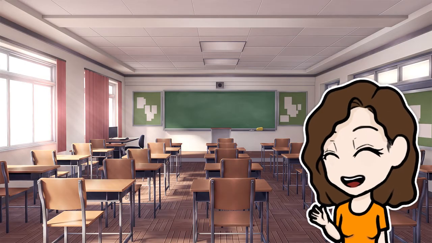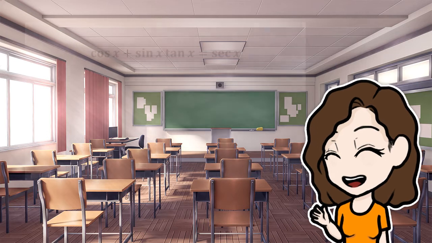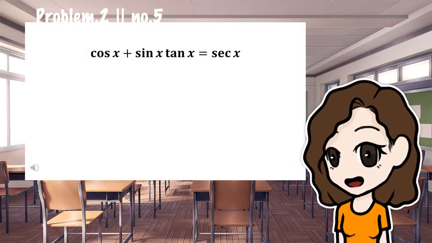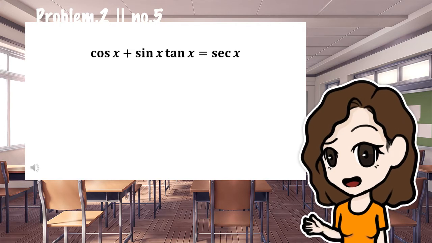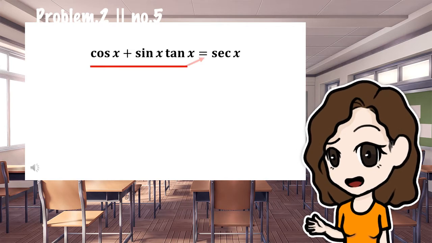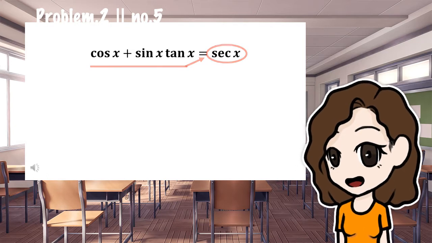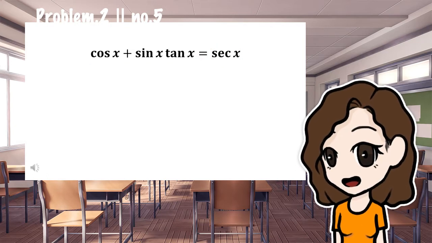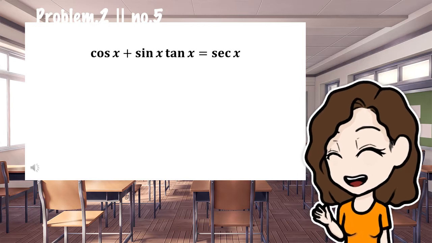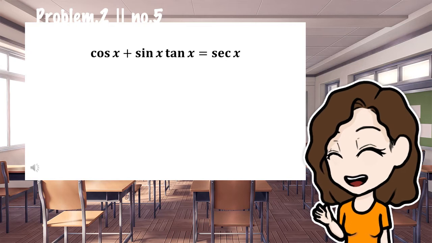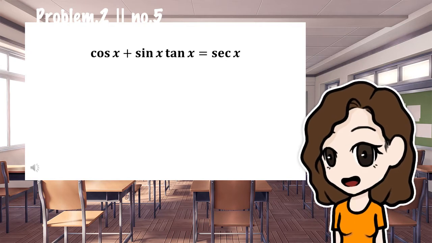Off to our next problem. We have cosine x plus sine x times tangent x equals secant x. Now, we have to manipulate this one to get secant x. How do we do that? This would be as easy as the one we had earlier. For this, we have to consider the possible formulas or equations that may be equal to cosine, sine, and tangent.